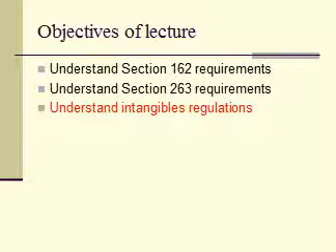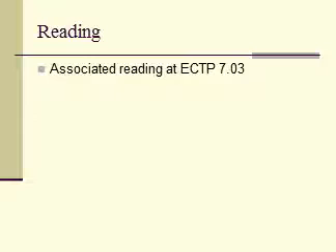And understand the manner in which the intangibles regulations control characterization of costs associated with intangibles as either Section 162 or 263 costs. The reading in the text associated with this lecture is at Electronic Commerce, Taxation and Planning 7.03.